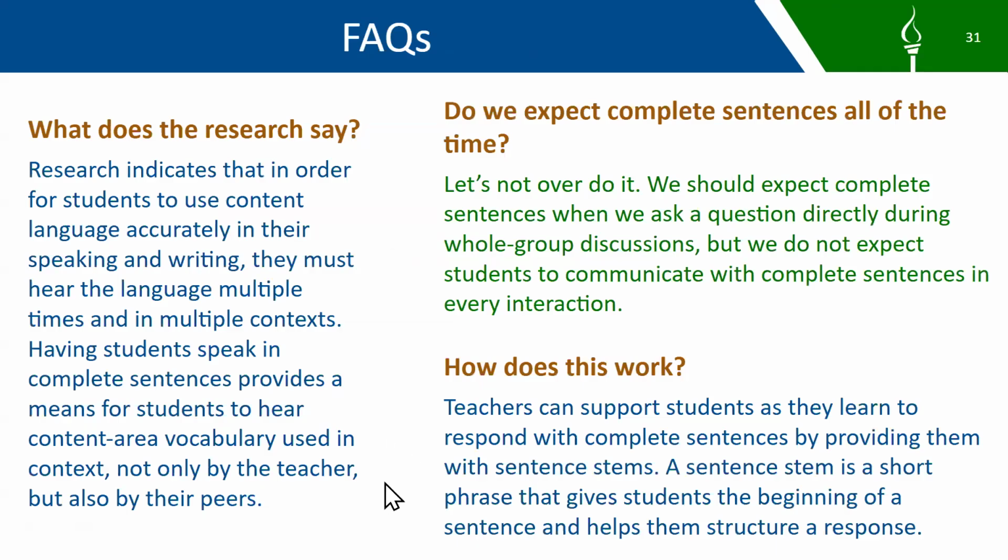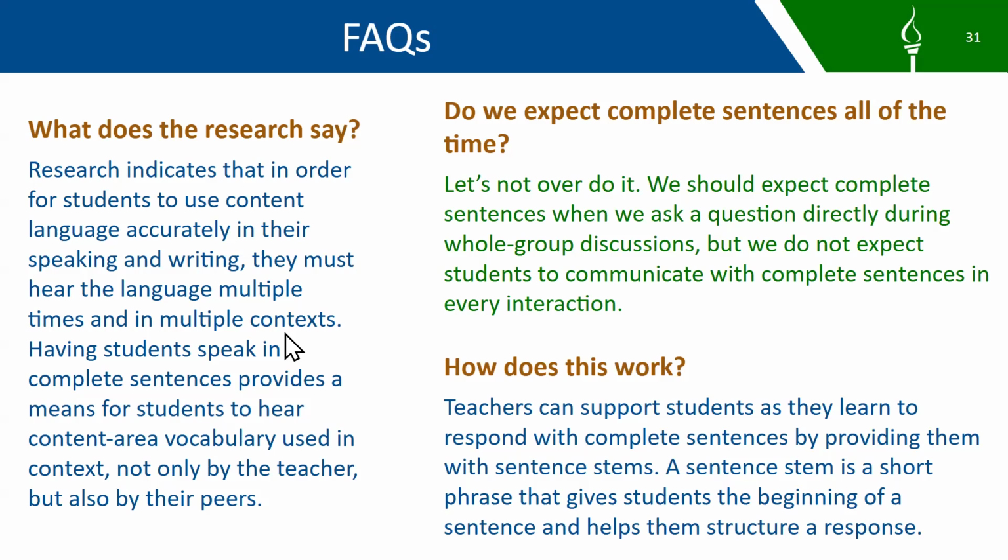So what I like about our book, and hopefully you've noticed, is that in the last part of each chapter it gives you some of the frequently asked questions that they received when they first started implementing this. The one I always like to look at is: what does the research say about this? In this instance, it says that in order for students to use content language accurately, they have to be practicing it, speaking and writing.